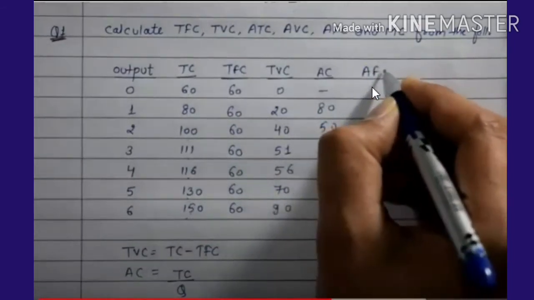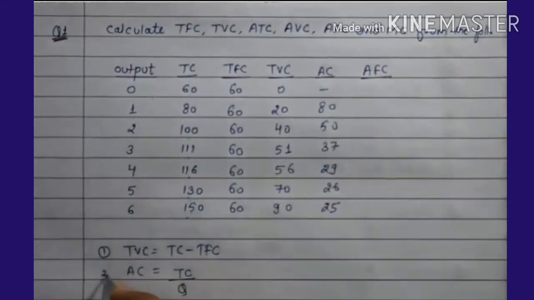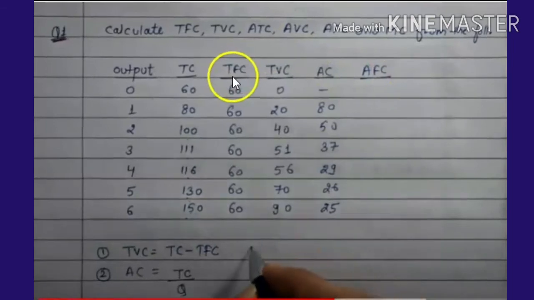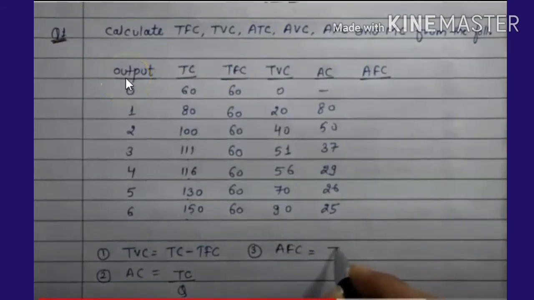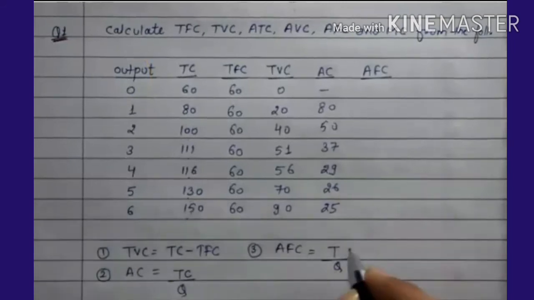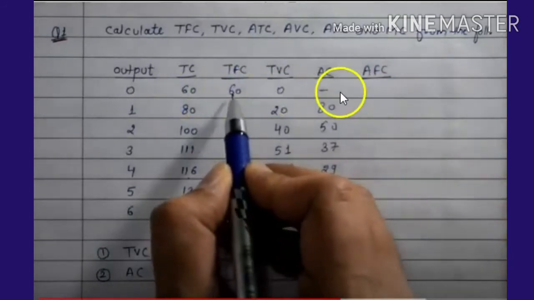Next you are going to find AFC. How will you find AFC? AFC formula, you know, is TFC divided by Q, that is output. So TFC divided by output is the answer. So that's how you find it: 60 divided by 0, so it's not determined.